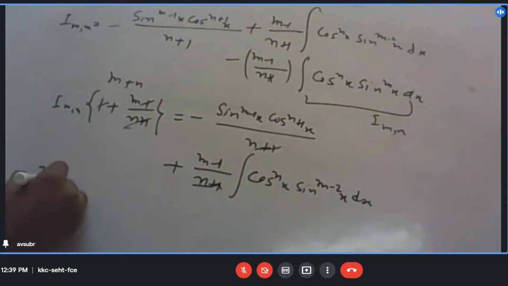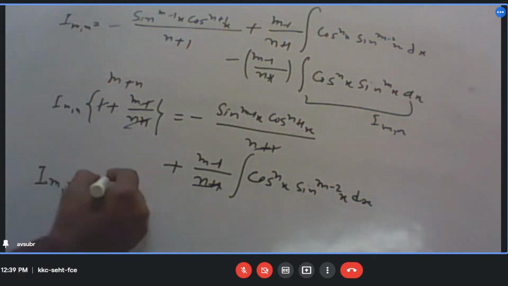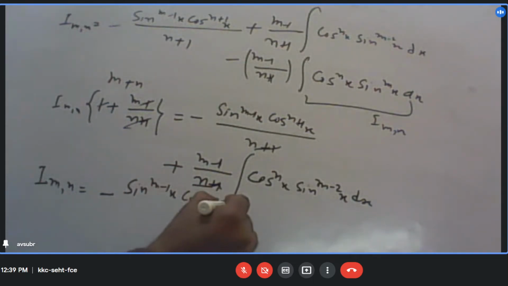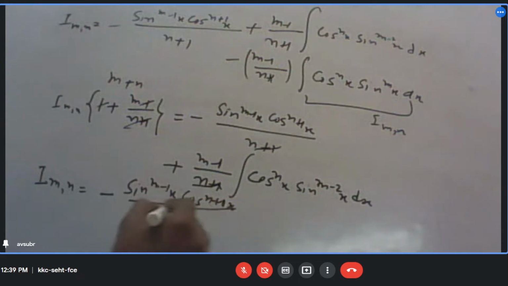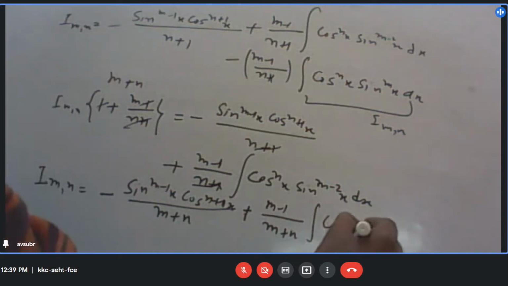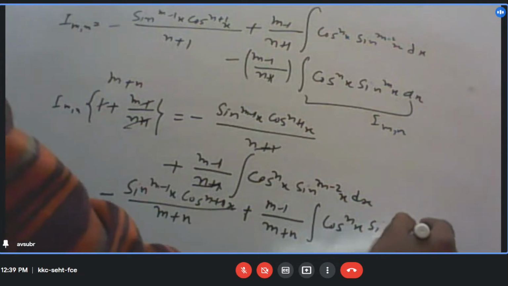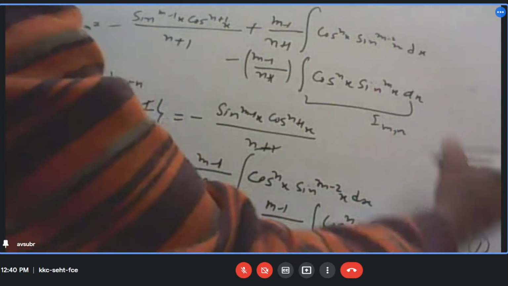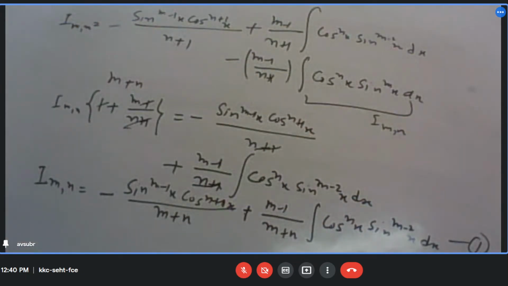And so I can write down I is equal to minus sine to the power m minus 1 x cos to the power n plus 1 x by m plus n, plus m minus 1 by m plus n cos to the power n x sine to the power m minus 2 x dx. This is not 1, I am writing, because this is equation number 1. I am writing that this is form 1.